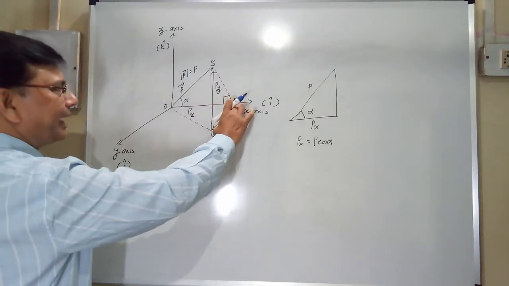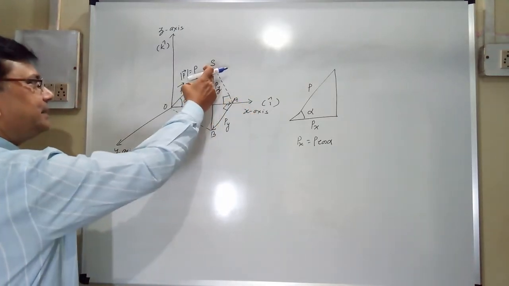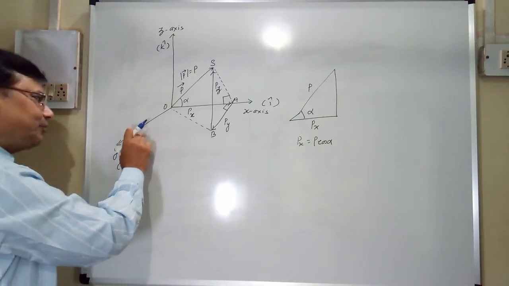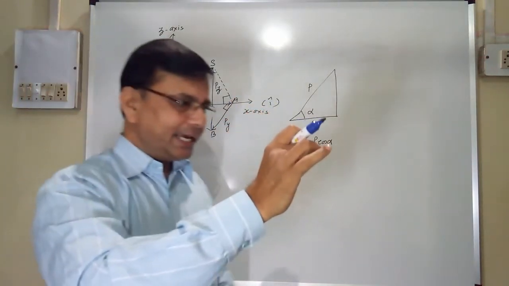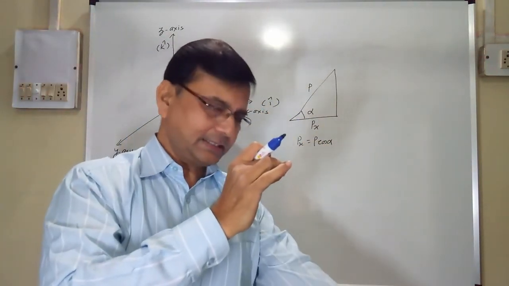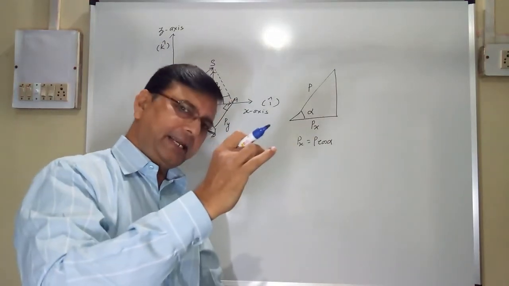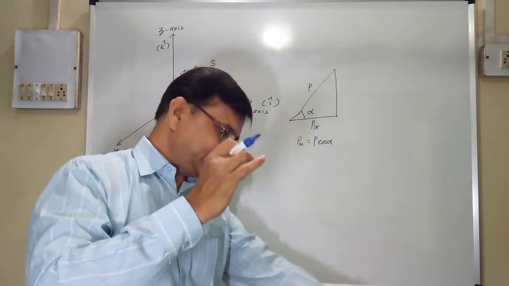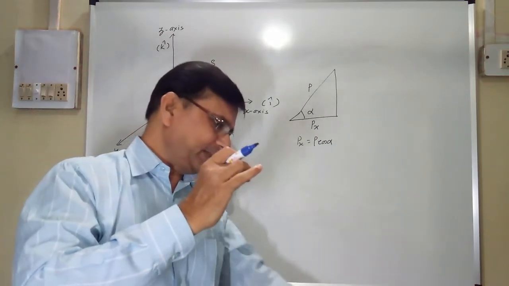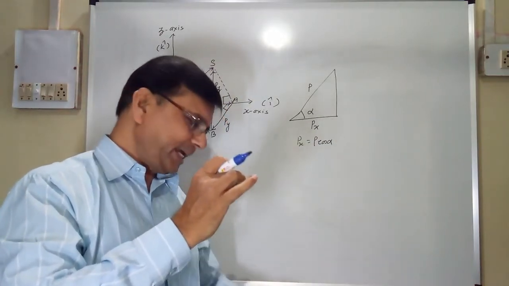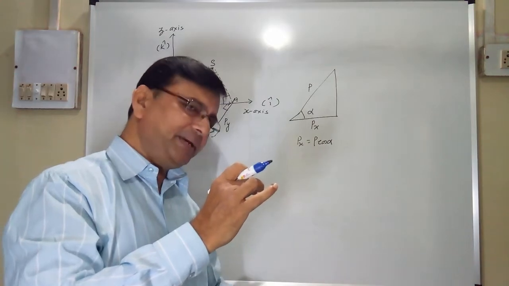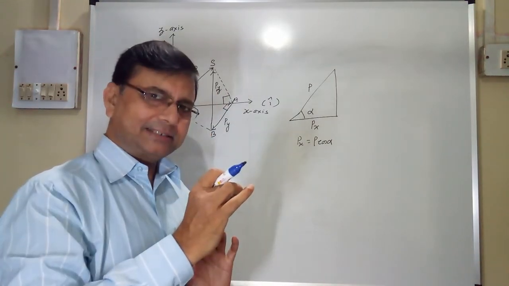Similarly, py. Py means this is making some angle with the y-axis. This is the x-axis and this is the y-axis. It is 90 degrees on the y-axis. So this position vector is making some angle, that is beta angle, with the y-axis.